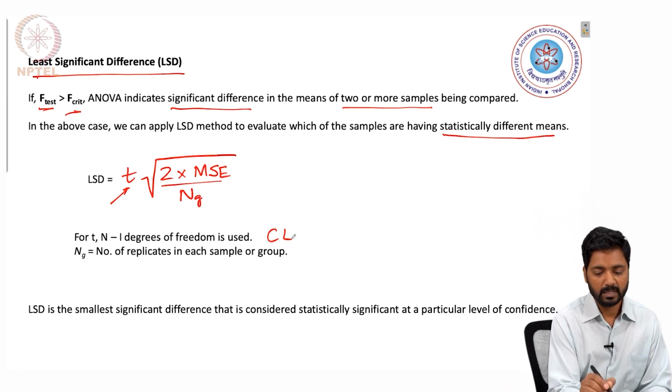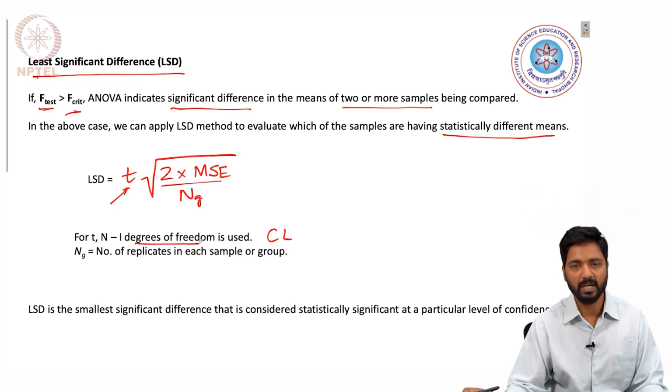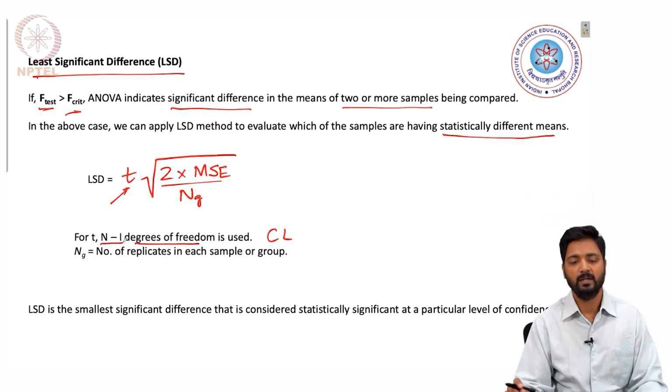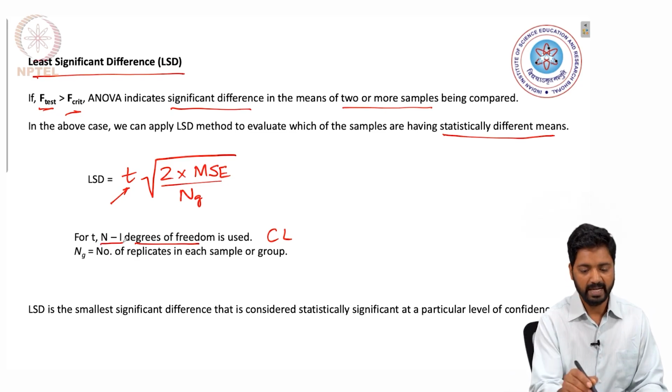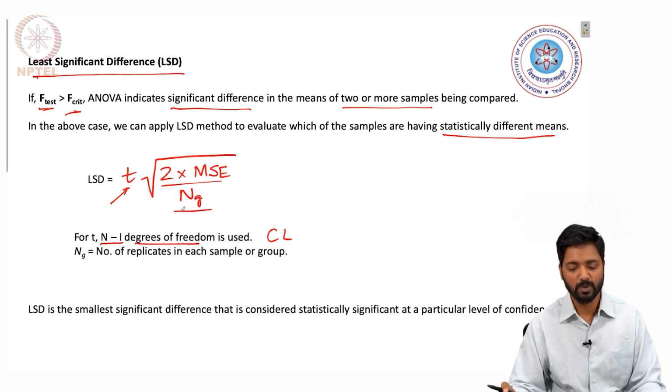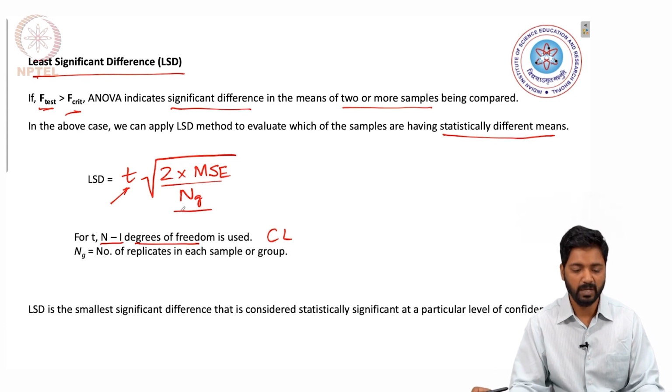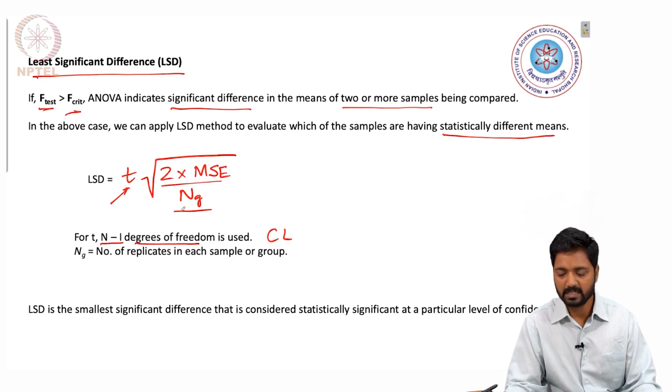The degrees of freedom for the T value used in calculating LSD is n minus I. Also note that Ng is the number of replicates in each group. The example that we recently covered using Excel had 6 replicates in each group, so the Ng value was 6. To summarize, LSD is the smallest difference that is considered statistically significant at a particular level of confidence.